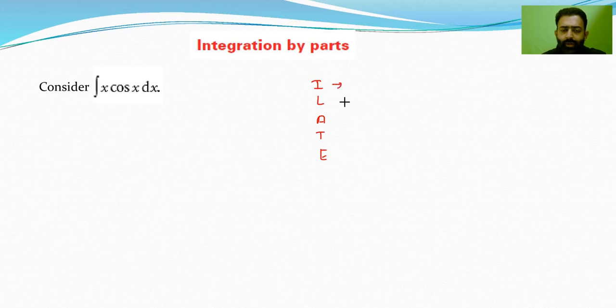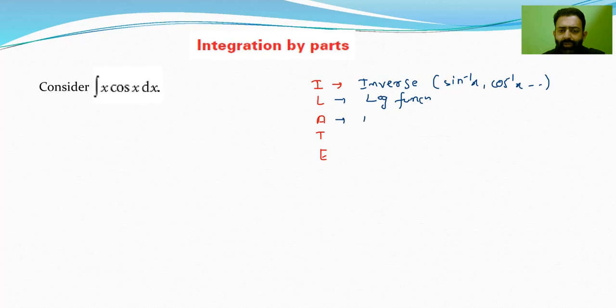I stands for inverse functions, basically inverse trigonometric functions, for example sine inverse x, cos inverse x, tan inverse x, and so on. L stands for logarithmic function, simply ln x, and so on.